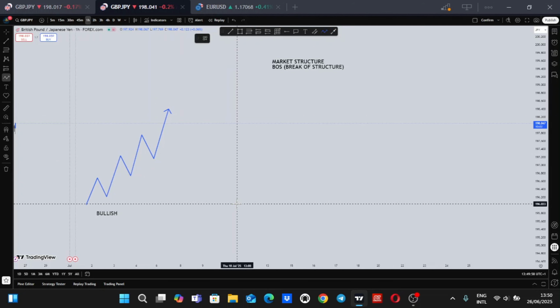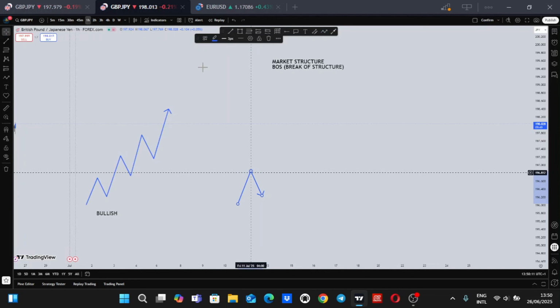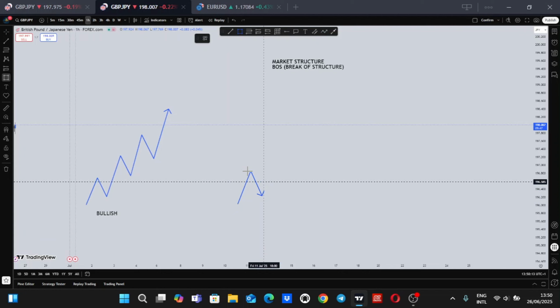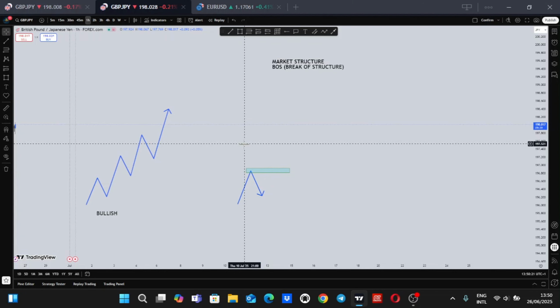Like I said, price is bullish. Price is pushing up, and all of a sudden it's coming down. This place that price rejected from is a resistance point.